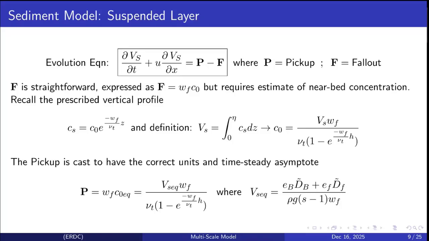And the fallout is relatively easy to cast using the computed values of the volume of suspended sediment and also the prescribed vertical profile. So that's an easy expression for the fallout.